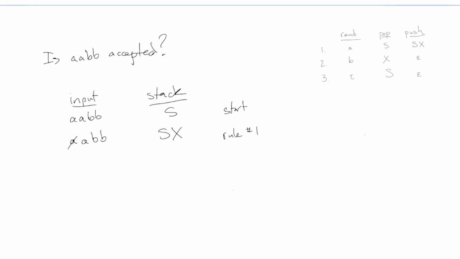All right. Okay, we continue. I think I should do rule number 1 again for the next letter, right? The next letter is another A. So when I do this, I'll cross off the next A because I'm now reading the second A. Can anybody say what will the stack look like now?